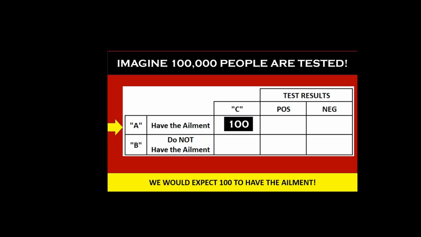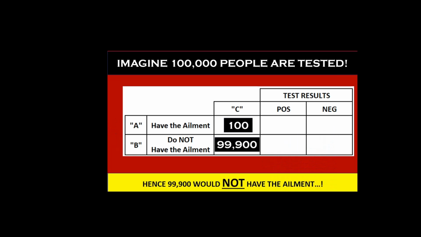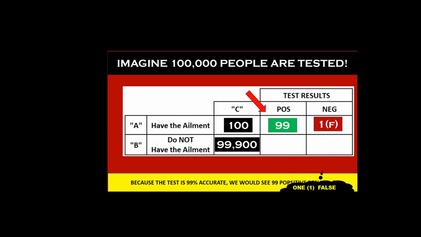Now we would expect 100 of this 100,000 people to have the ailments because it is 1 in 1,000. And hence 99,900 would not have the ailments. Now because the test is 99% accurate, we would see 99 positive results and 1 false negative. That is, 1 person who actually has the ailment will be told that he does not have the ailment.